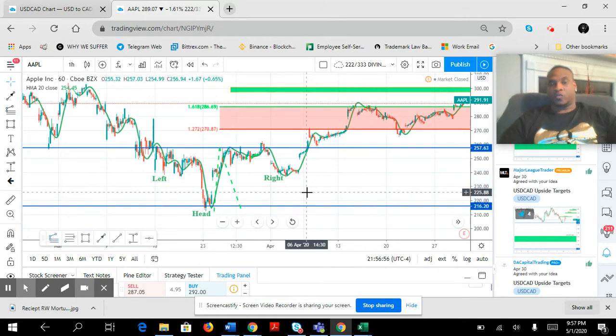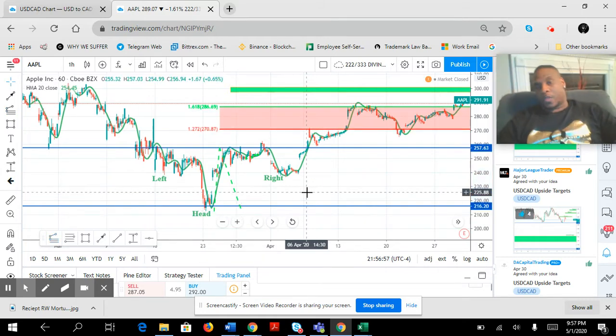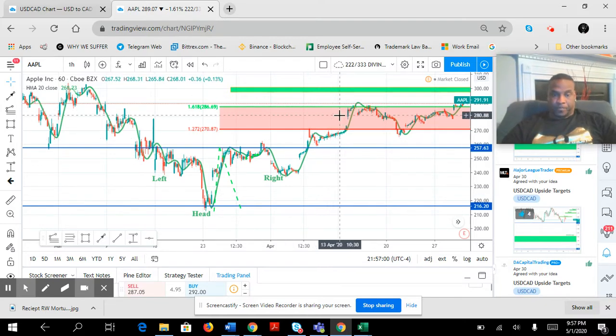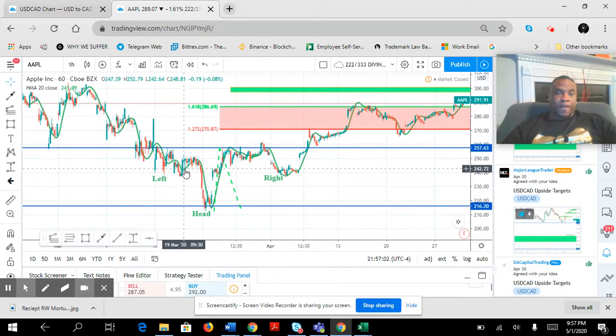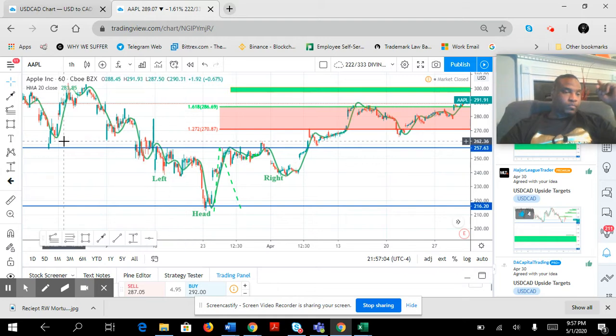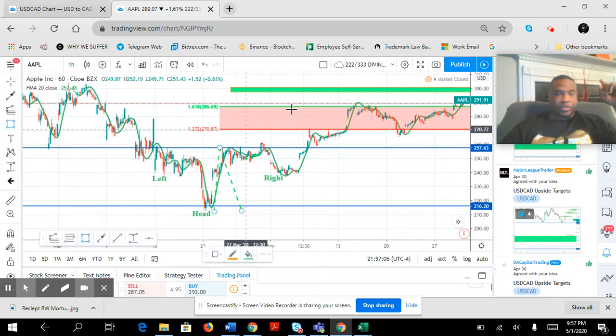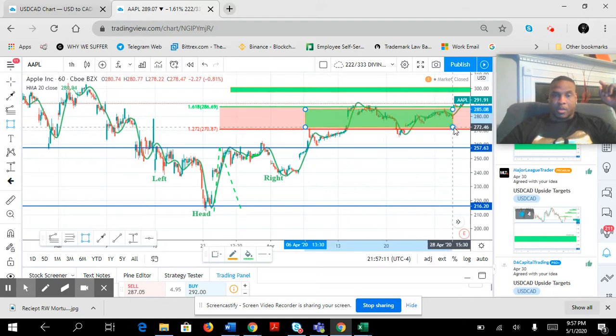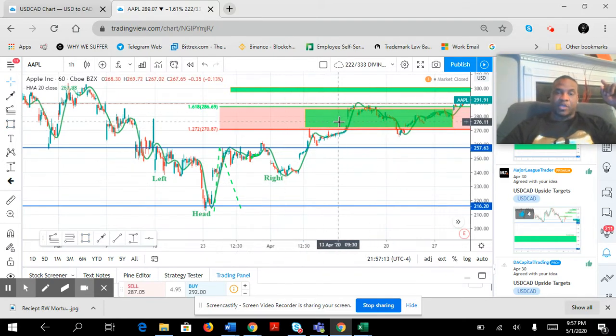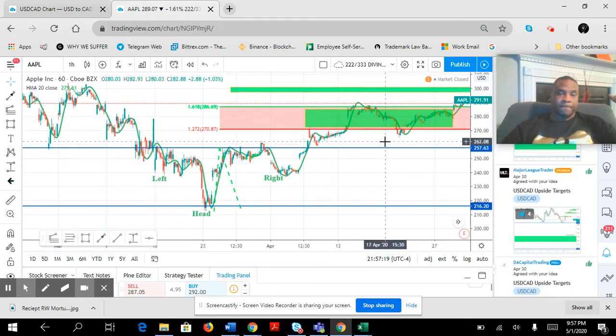Now this gives you this target. All right. So you would have put a box here, and that possibly could be your first target, and then this is your secondary target. So there's two ways of doing it.